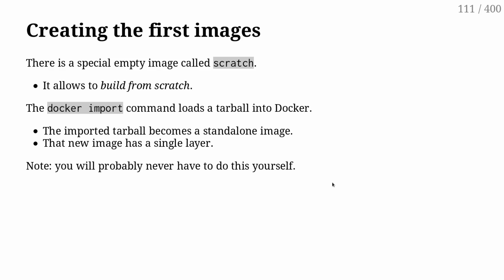There is also a special command called Docker import. And Docker import lets you provide a tarball of a file system, and it creates a container image from that. This is for what I think is called lift and shift. It's a fancy way to say you're taking an existing server and you're dumping it in a container to pretend that it's a container and everything is fine. So you use tar to create a tarball of the whole file system of the server, and then you put that in a container image.